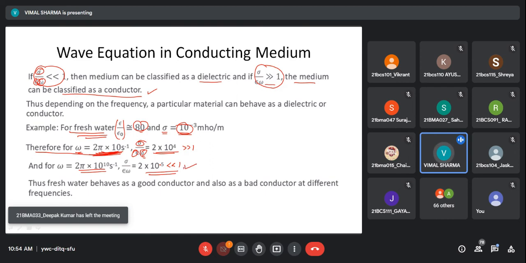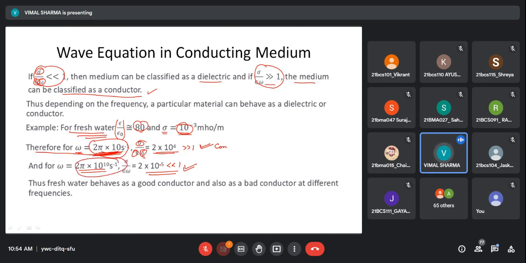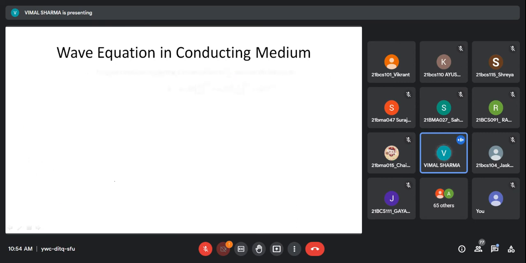So the same medium, due to the change in the frequency of the incident electromagnetic wave, behaves differently now. Earlier it was a conducting medium for the other frequency. Now it is a bad conductor, or a dielectric medium. So this is what we said.